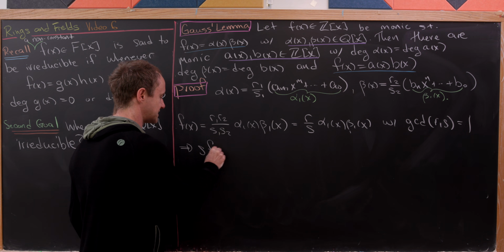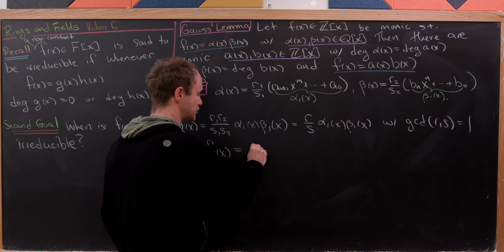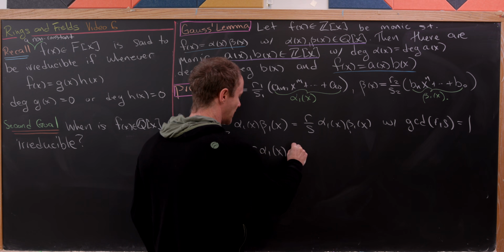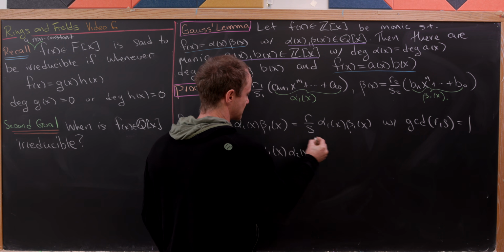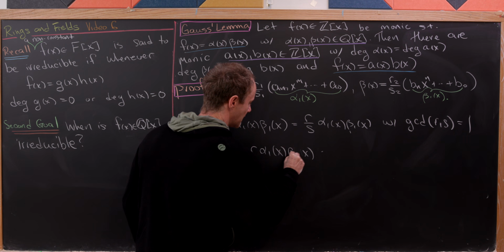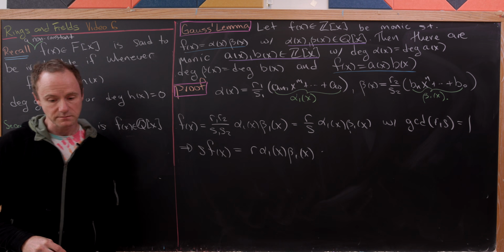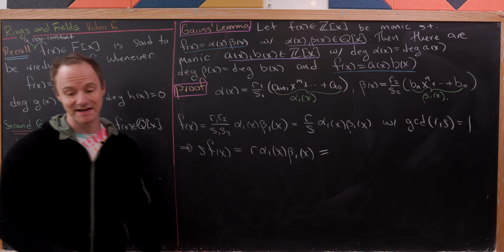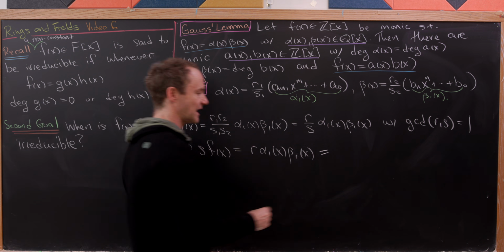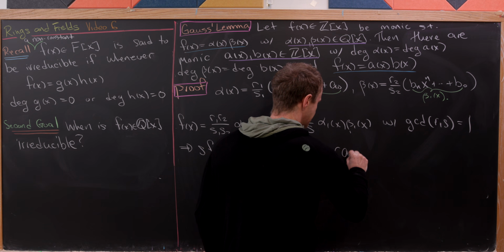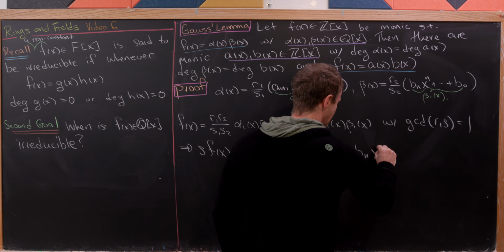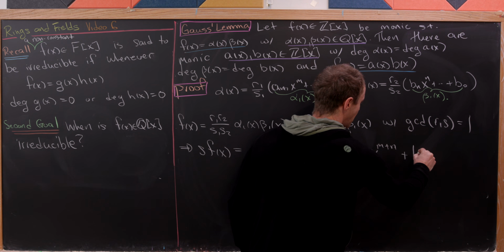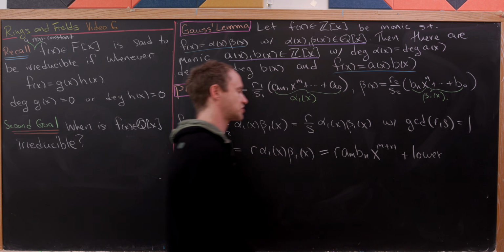We have s times f of x is equal to r times alpha 1 of x times beta 1 of x. But now I'd like to multiply out this right-hand side and observe that it looks like r times a_m times b_n times x to the m plus n plus lower order terms.